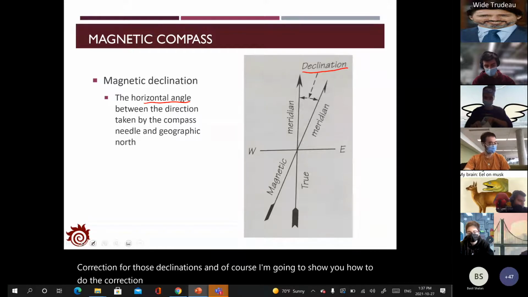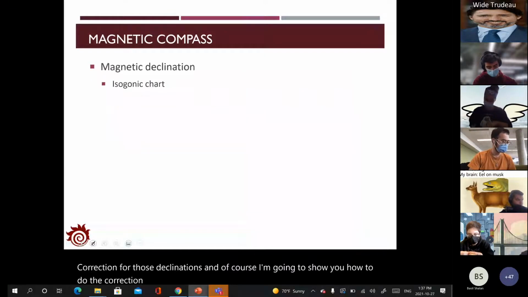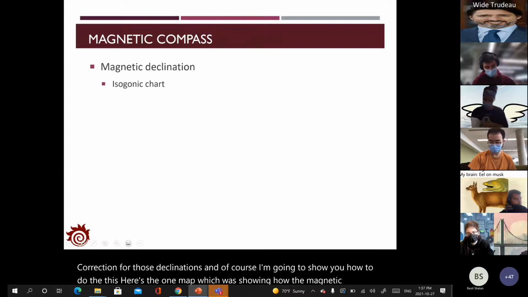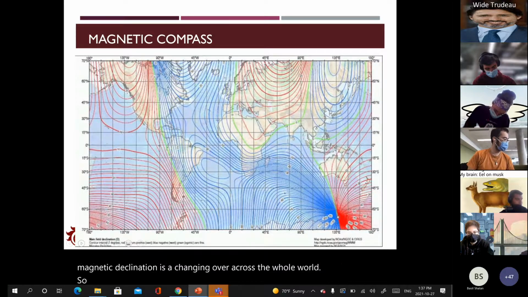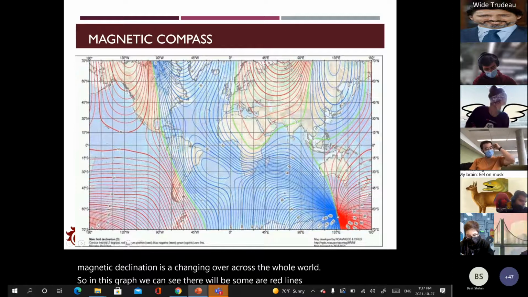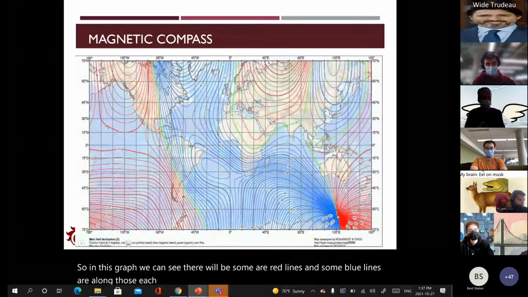Here's a map showing how the magnetic declination is changing across the whole world. In this graph, you can see there are some red lines and some blue lines, and each line represents one declination.